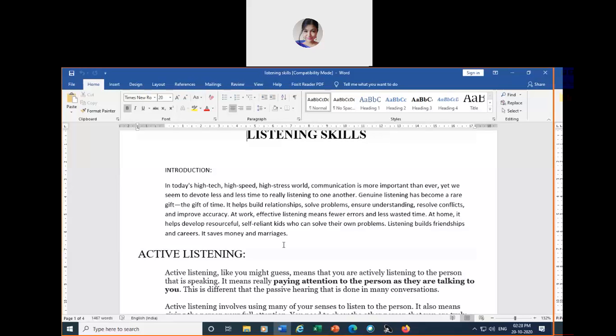So you should always try to be a good listener, to listen to the speaker properly in order to communicate with the person properly.